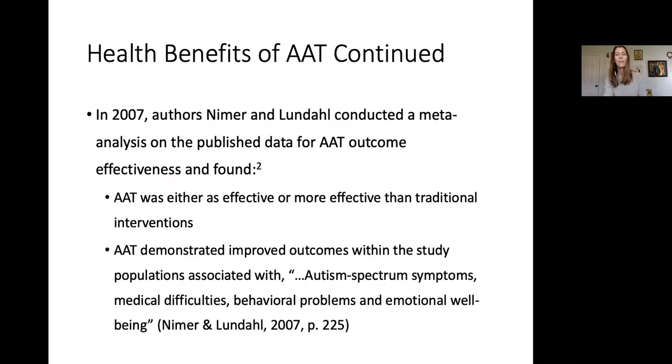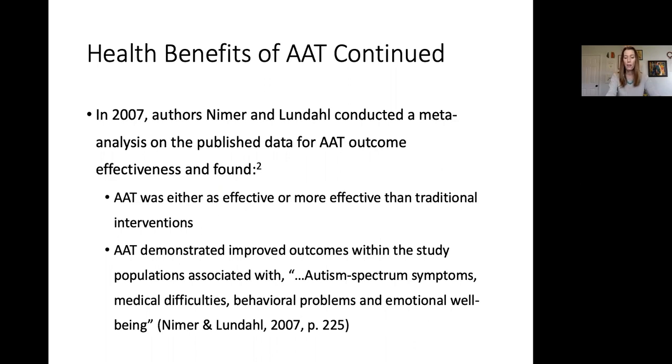So the best part of all of this is that we actually have data to support these anecdotal stories. We know that they are effective. A meta-analysis was done several years ago when the field was still becoming popular and we were just starting to see some data coming out of it.